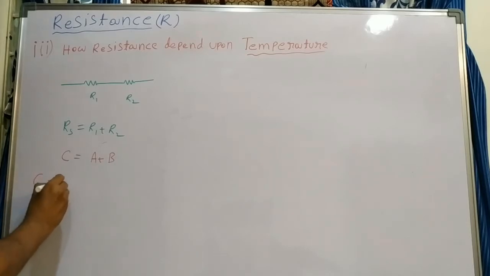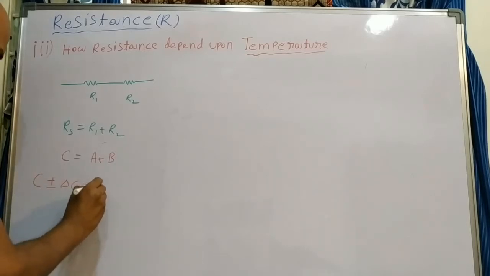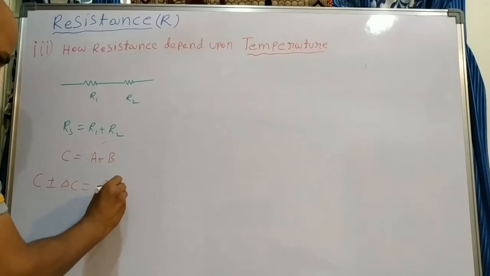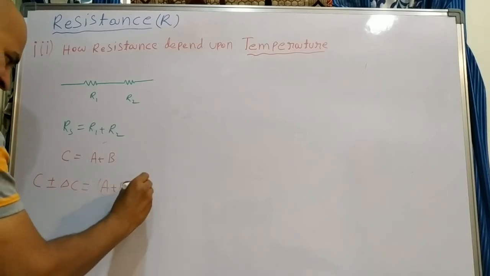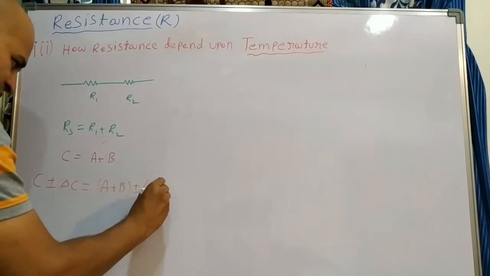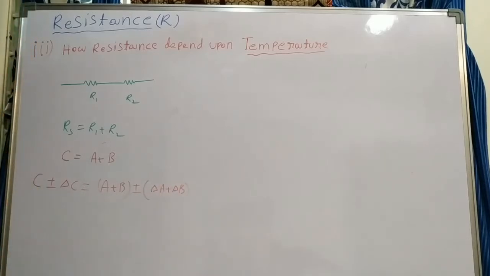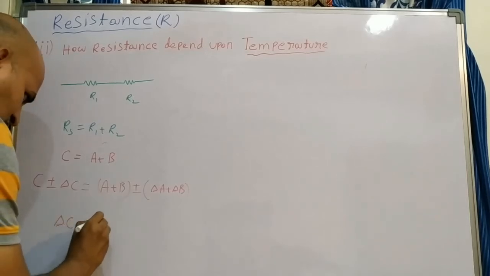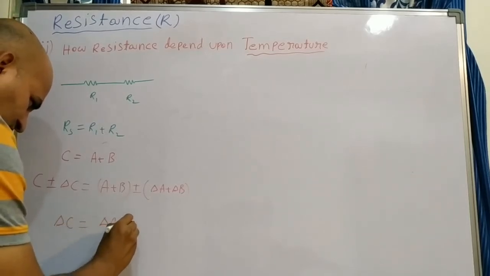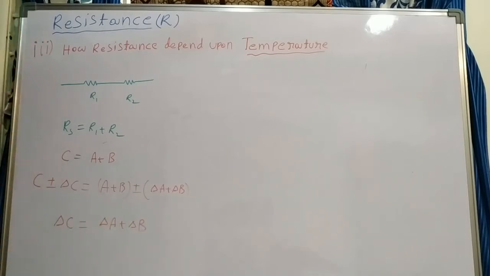C plus or minus delta C is equal to A plus B plus or minus delta A plus delta B. So from this, what you can write? Delta C is equal to delta A plus delta B.